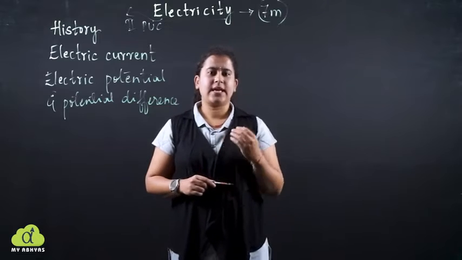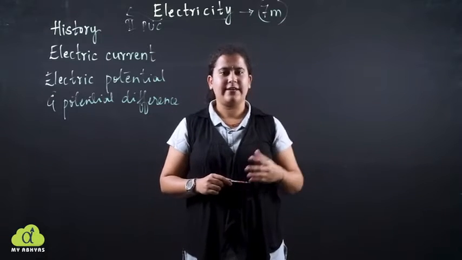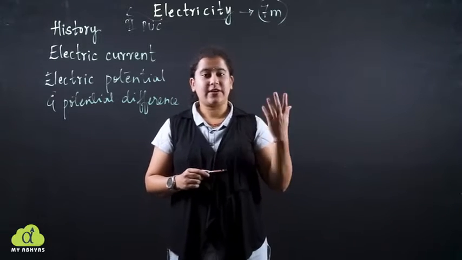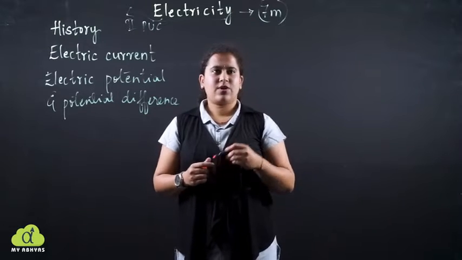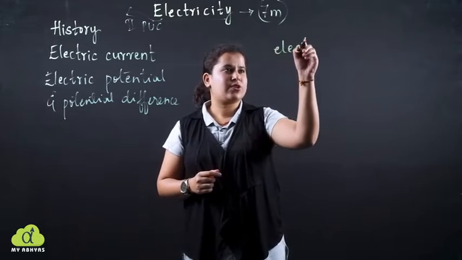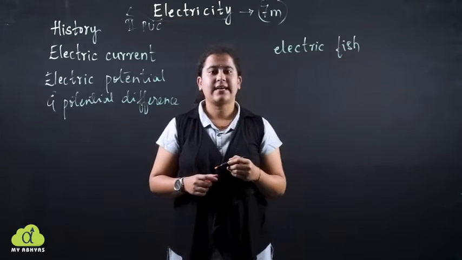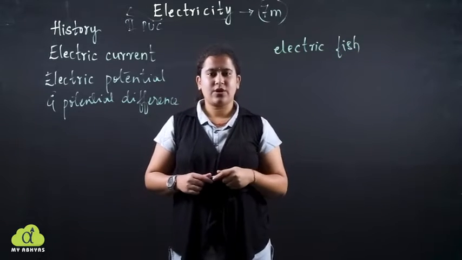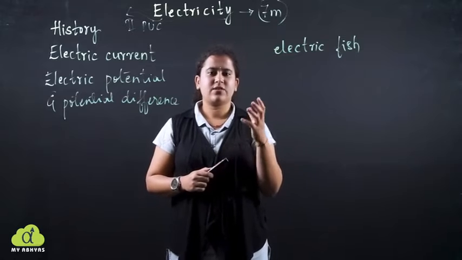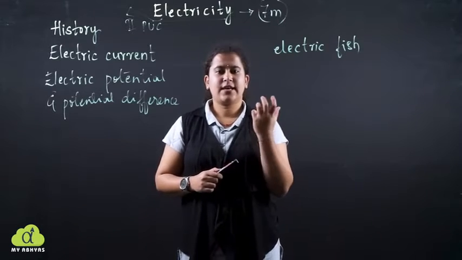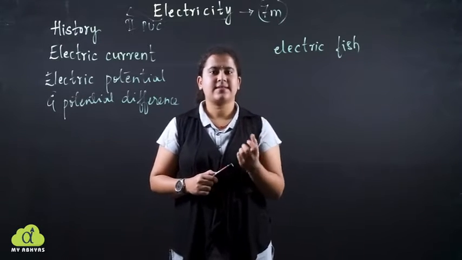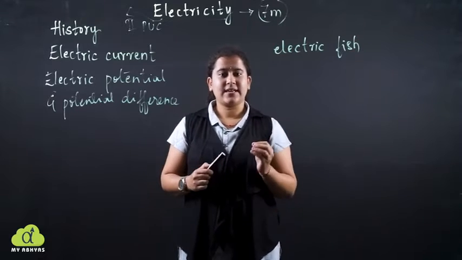In ancient days, that is very long ago, there was a species which was called the electric fish, or electric catfish. Whenever people would catch this electric fish, they would experience electric shocks.